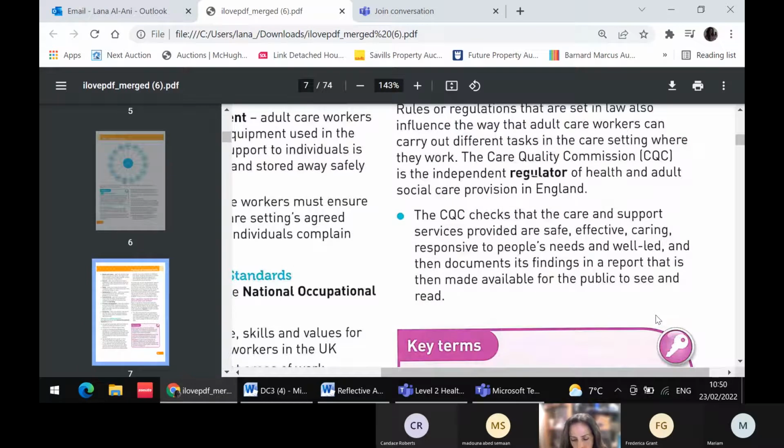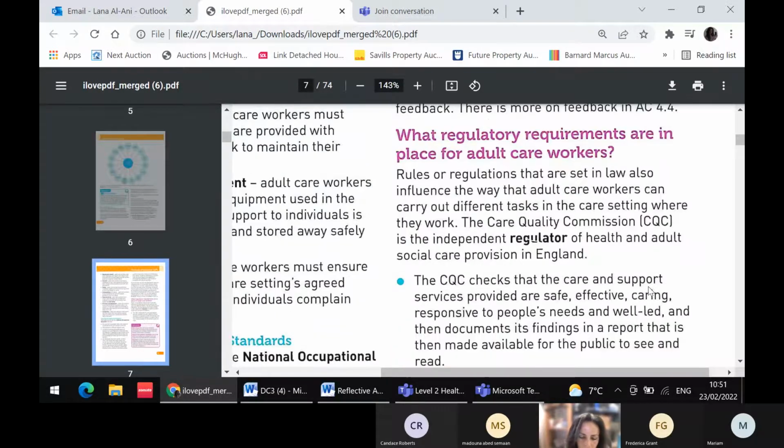It's all about how to provide effective caring, how to provide a safe environment, how to be responsive to people, how to take care of their well-being, and also how to fill in their documents and create reports about them. So this is the regulatory requirement.